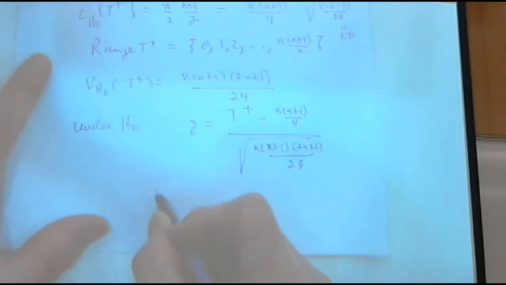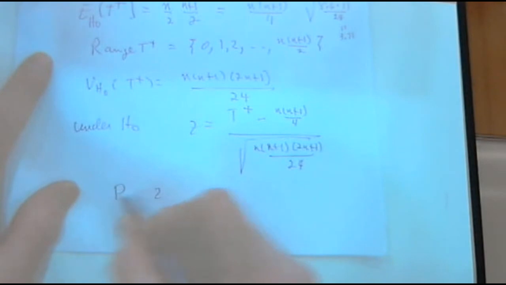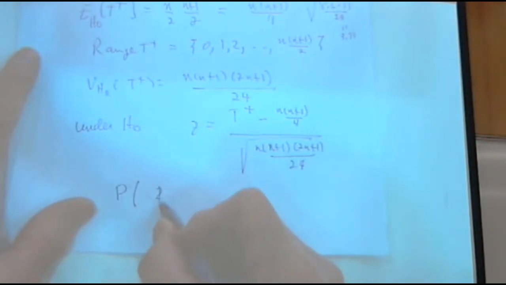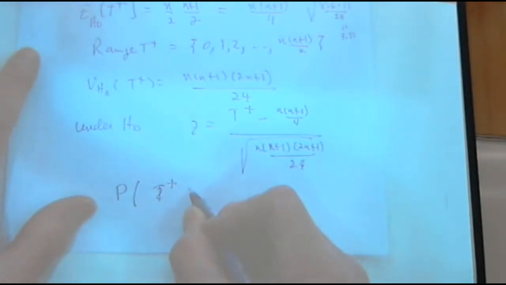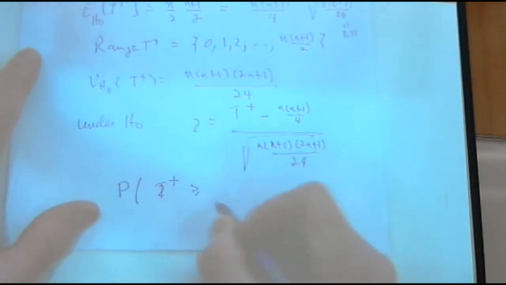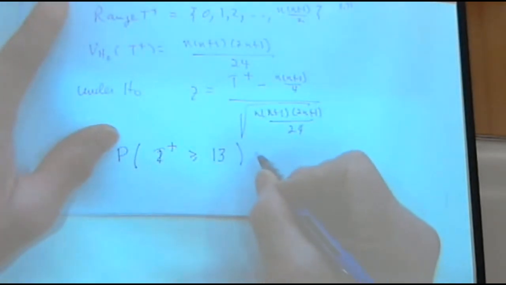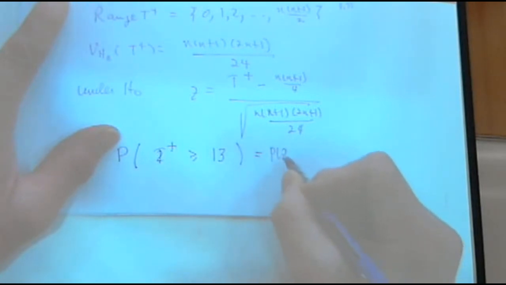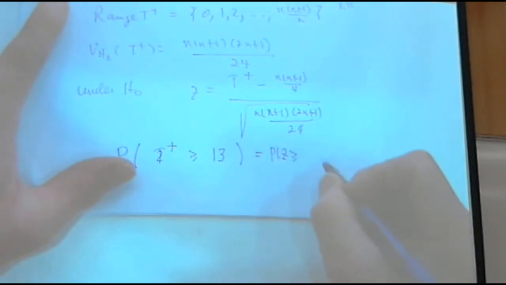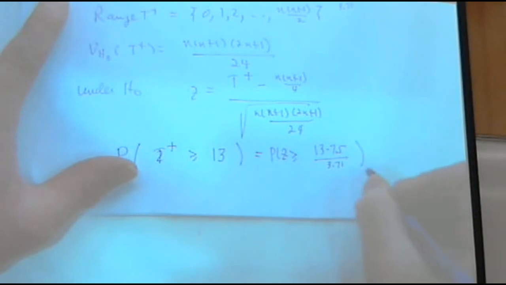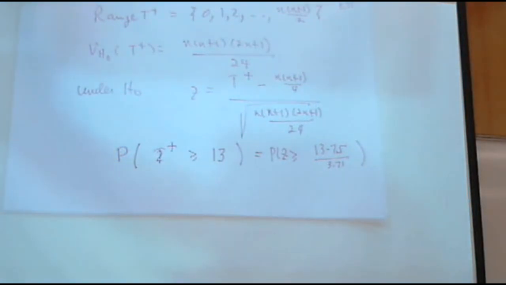So now the Z is going to be this, I mean, the p-value will be this. We should probably still use the continuity correction, although we have a tie. So that's 5.5 over 3.7.